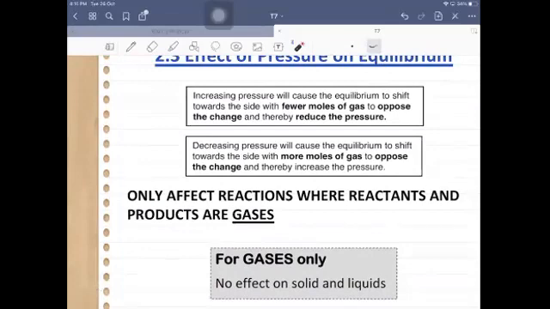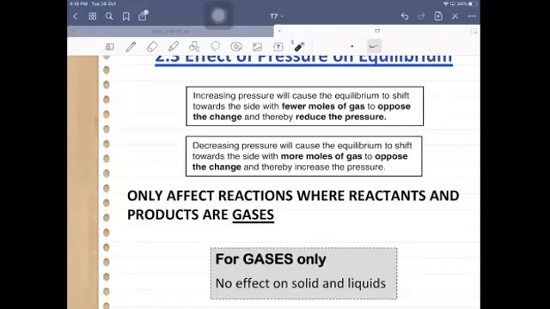The general idea is that when you increase the pressure, the reaction will go towards the smaller number of molecules. When you decrease the pressure, the equilibrium will go towards the side with the bigger number of molecules.